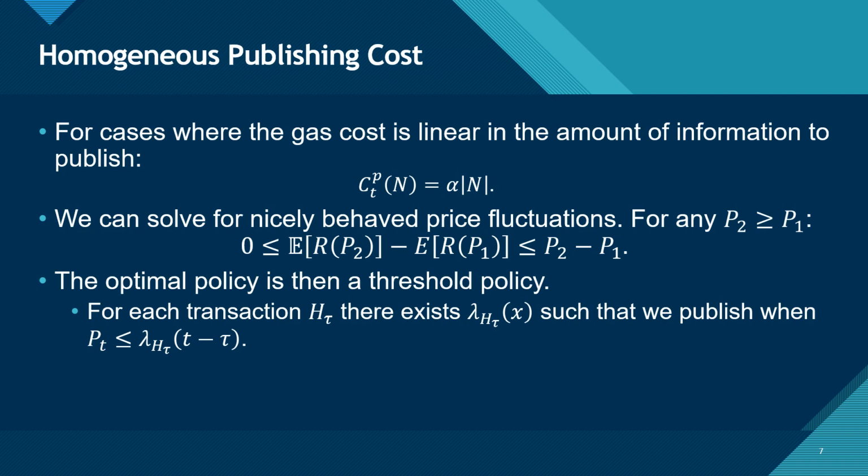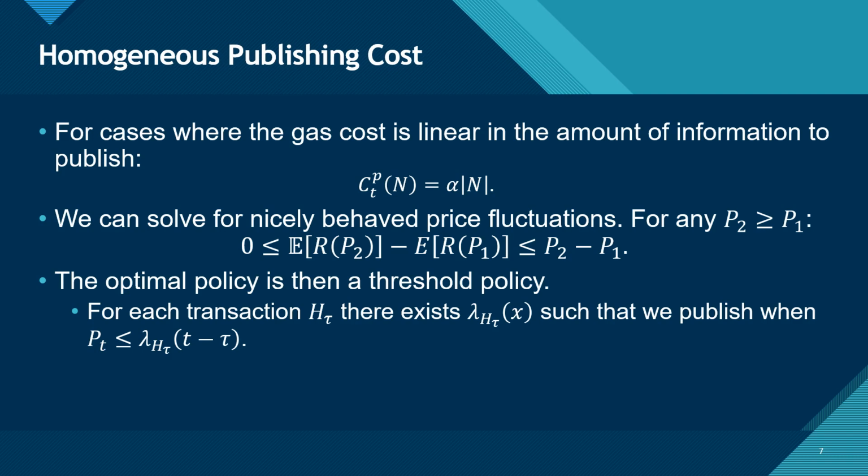Before we get into how the optimal policy looks like in this case, let's define what is a nicely behaved price fluctuation. So the first condition for a nicely behaved price fluctuation is that it is monotonically increasing. This is fairly intuitive.